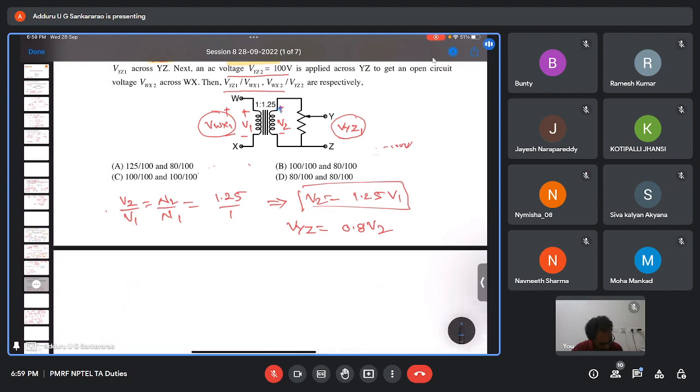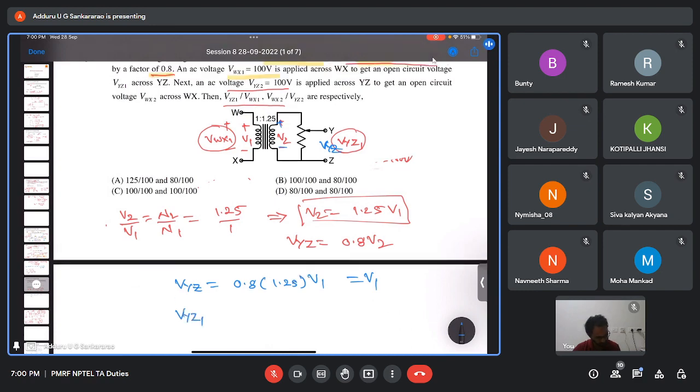So Vyz equal to 0.8 into V2, which is 1.25 V1. So what we got here is Vyz equal to V1.